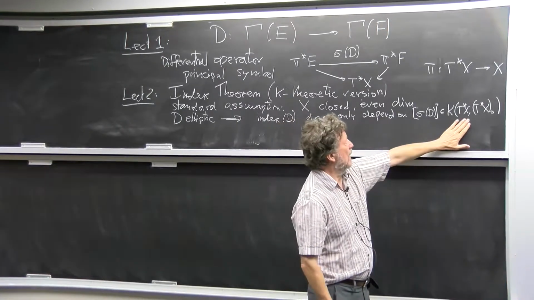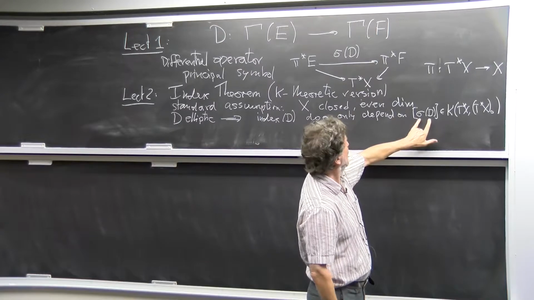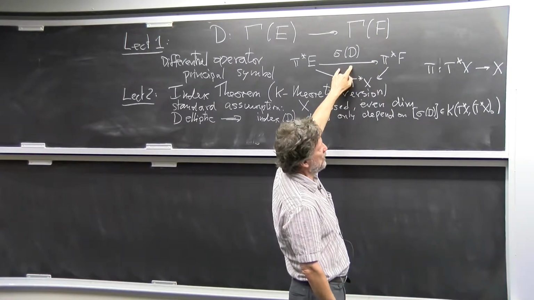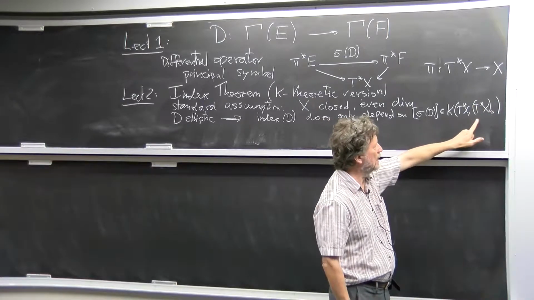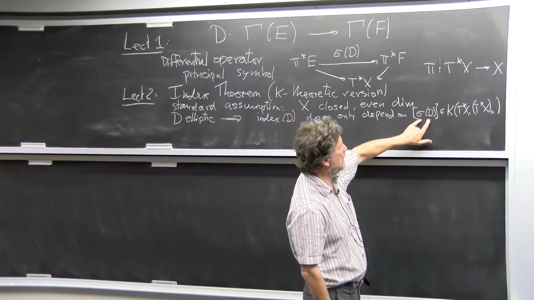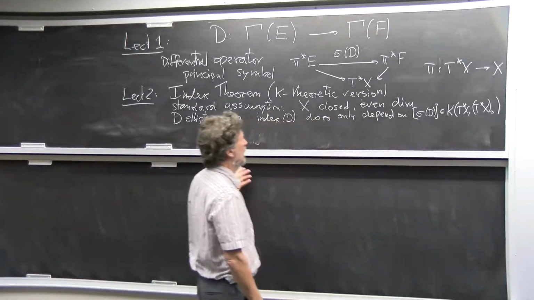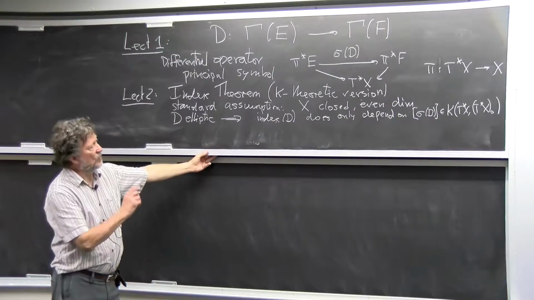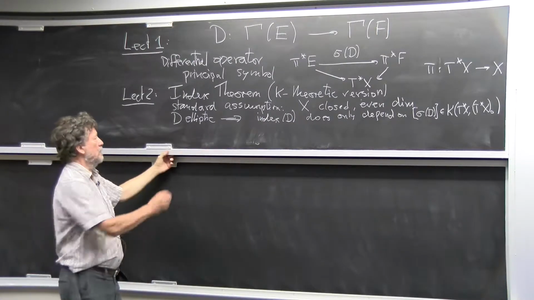So since the ellipticity of the operator means that the symbol map is invertible outside the zero section, that is, it's invertible in here, this class, the symbol of D, represents an element in this relative K-theory group. And the index of the operator depends only on this K-theory class.